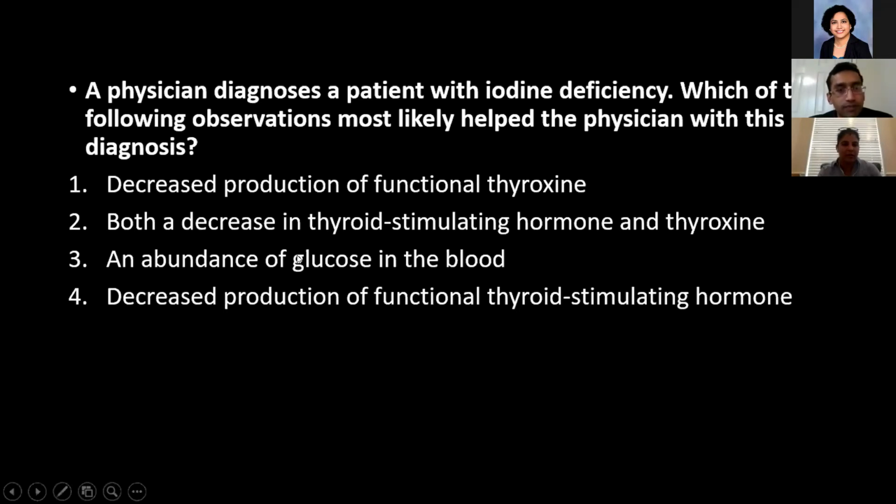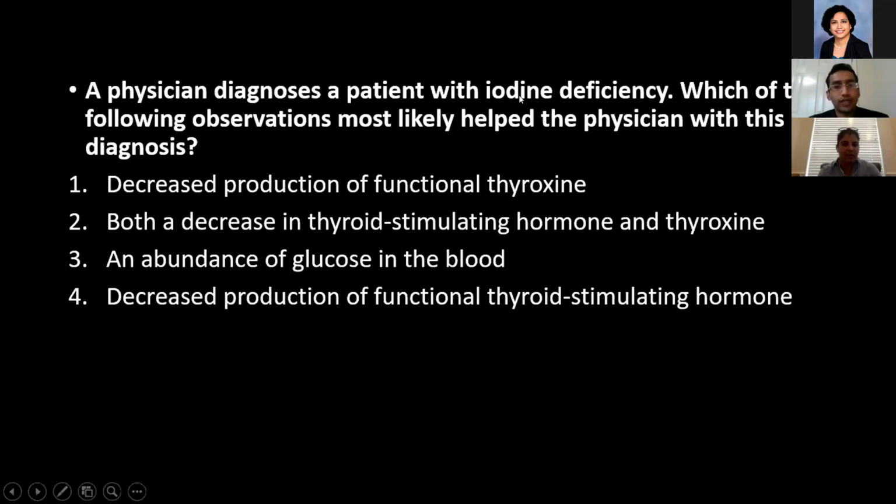So does it decrease both the TSH and the thyroxine? No, because when the thyroxine is high or low, the TSH acts opposite. You remember Dr. Bonita Halda told you about the president: when the citizens give some feedback, the president changes the module. So that's what happens when there is a high amount of thyroxine in the body, then the hypothalamus and the pituitary start decreasing the production of TSH.